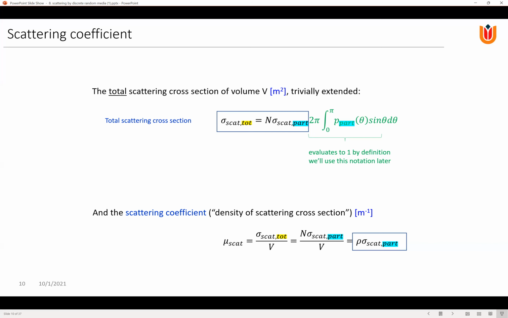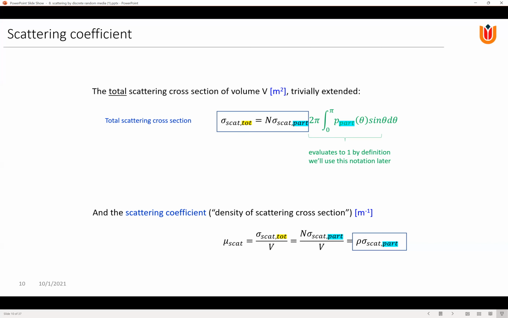That would just mean, by means of the previous arguments, that the total scattering cross-section is n times the scattering cross-section of the single particle. Does that make sense? That is the part in the blue box.